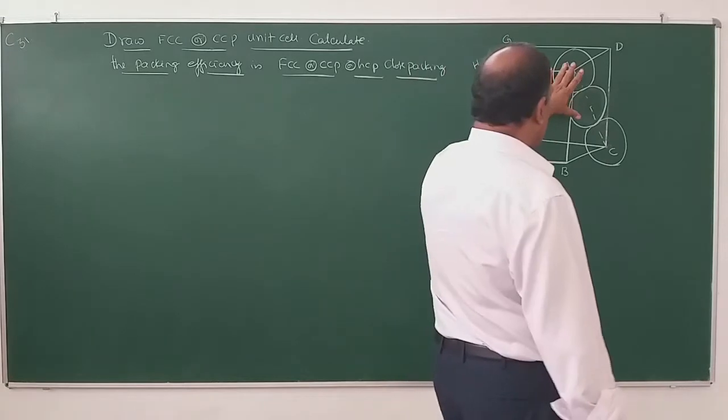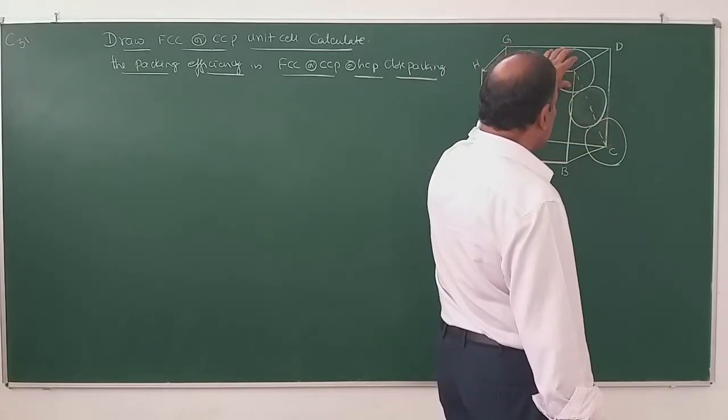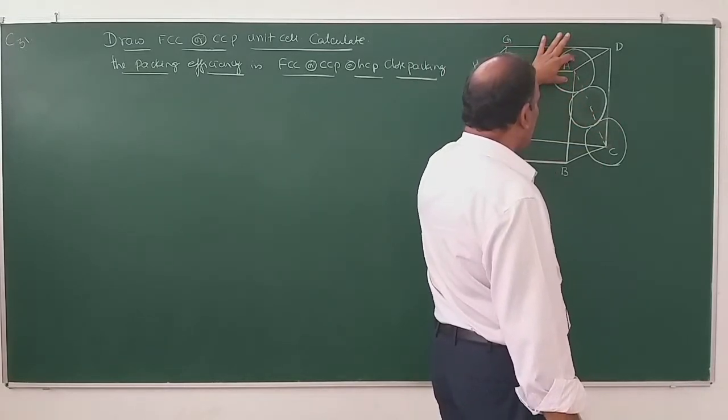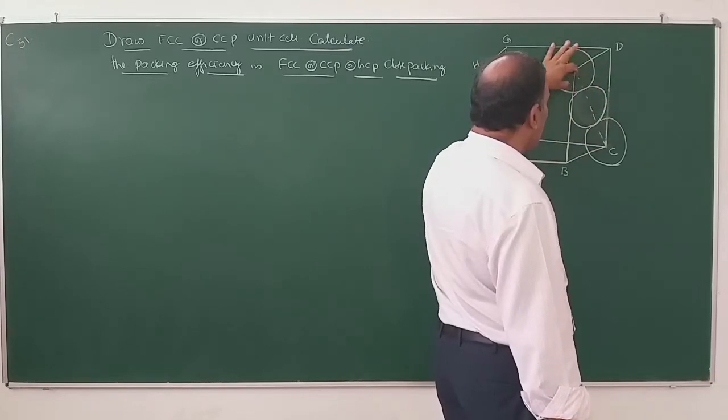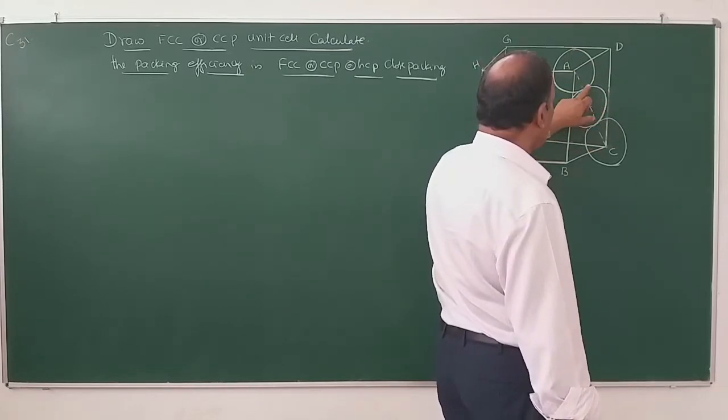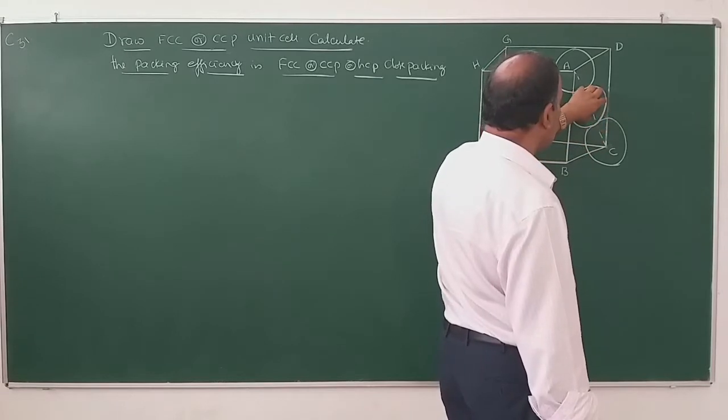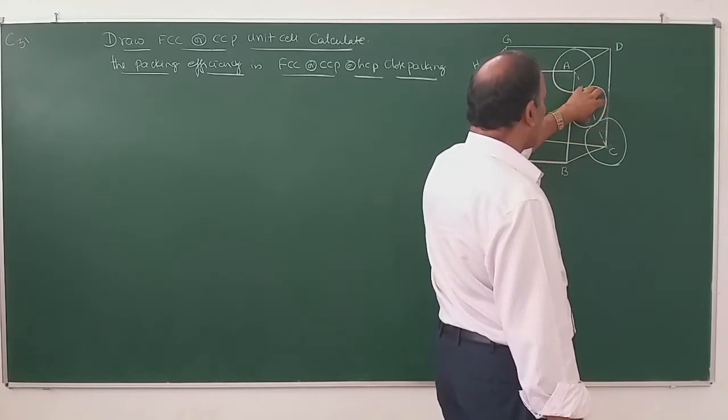So in a face, there are three particles: this is one corner particle, this is another corner particle, and in between the corner particles there is another particle at the center, this is the face centered particle.